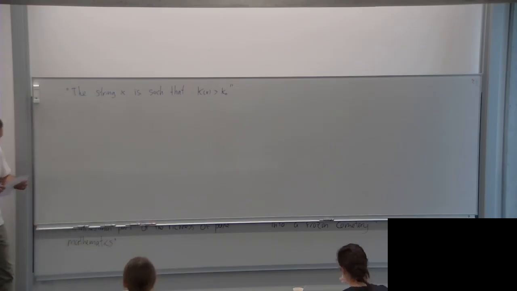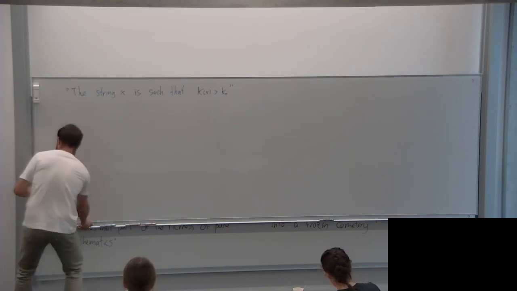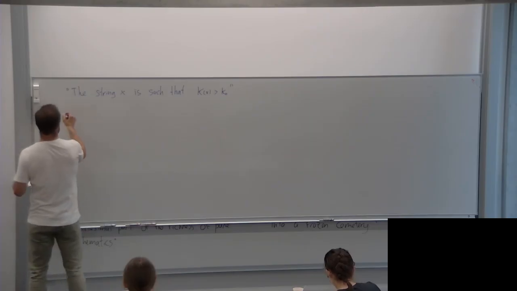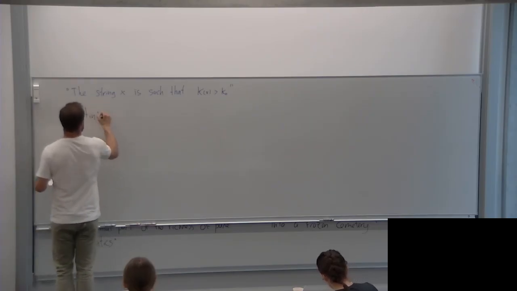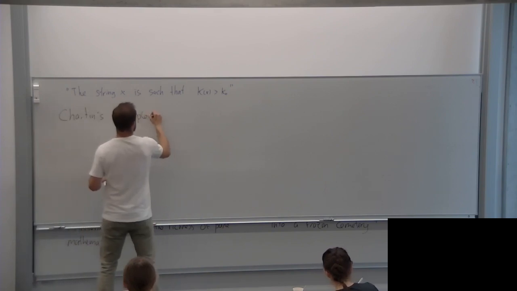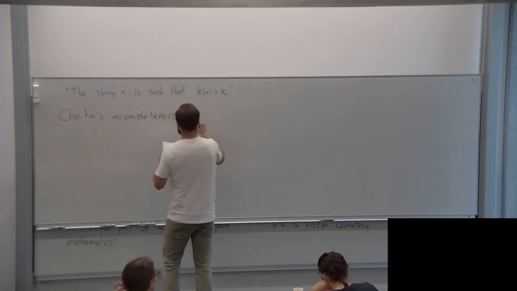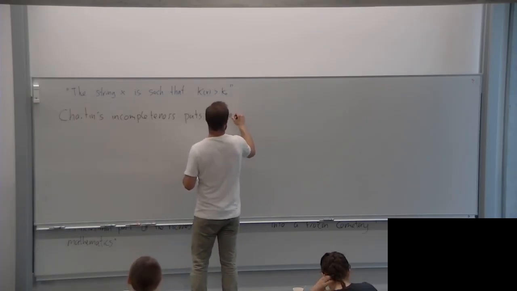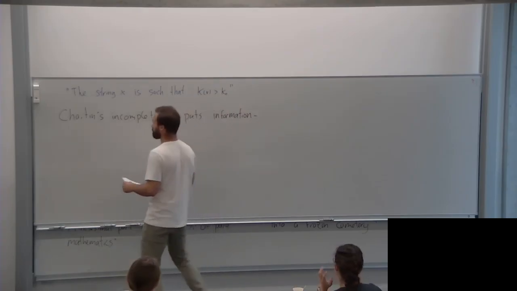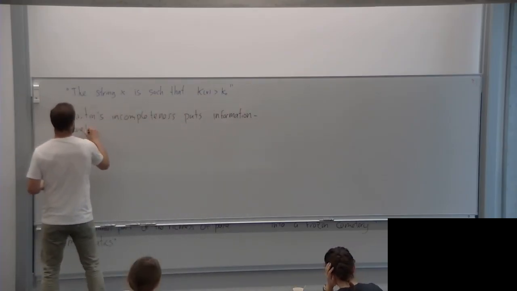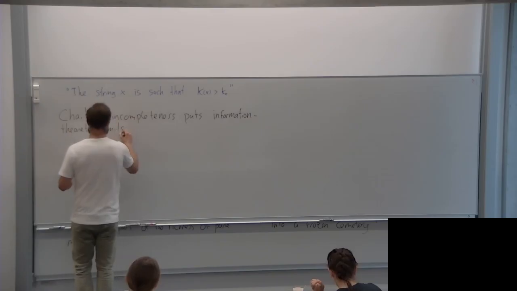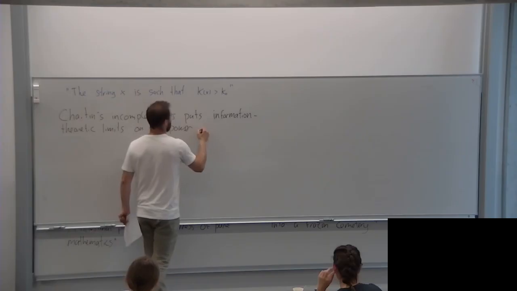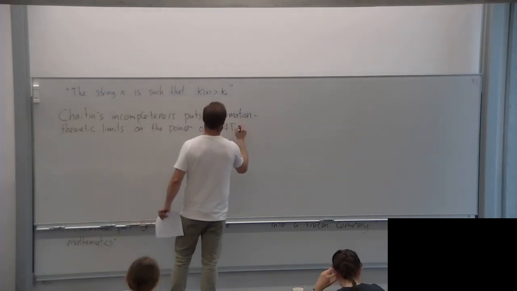So let me make a few remarks. Chaitin's incompleteness puts information theoretic limits on the power of formal axiomatic theories.